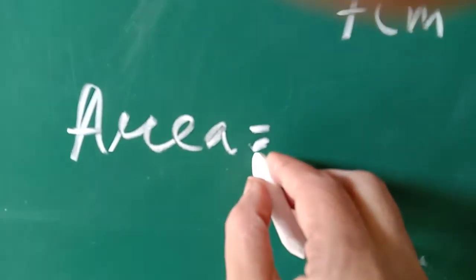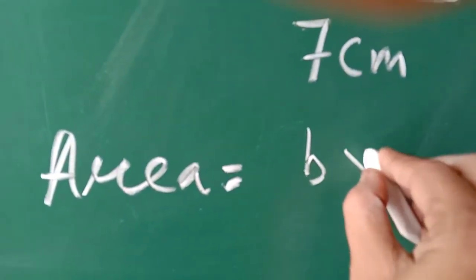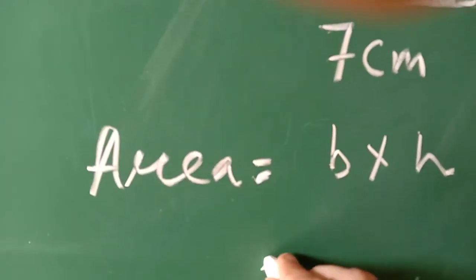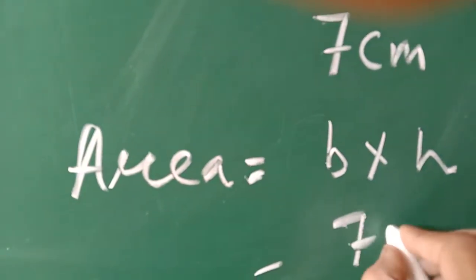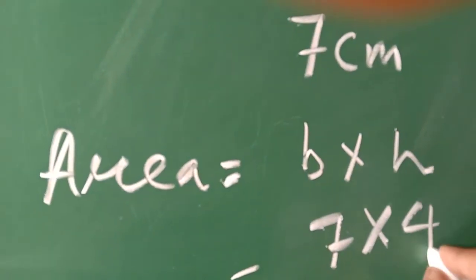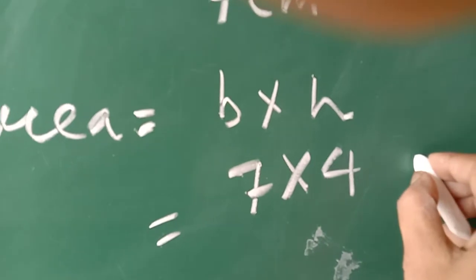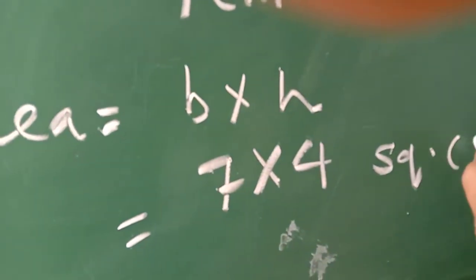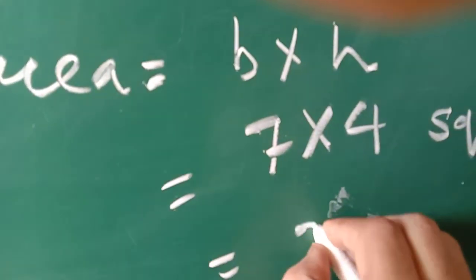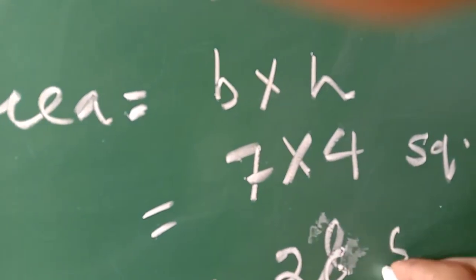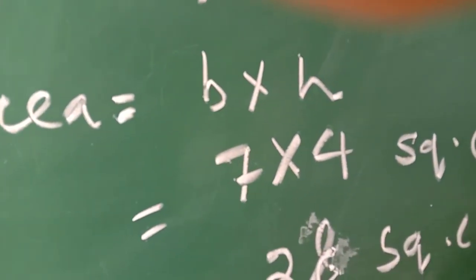You know the area of a parallelogram is equal to base into height. So base is 7 centimeter, height is 4 centimeter. What unit will you write? Square centimeter. 4 sevens, 28 square centimeter.